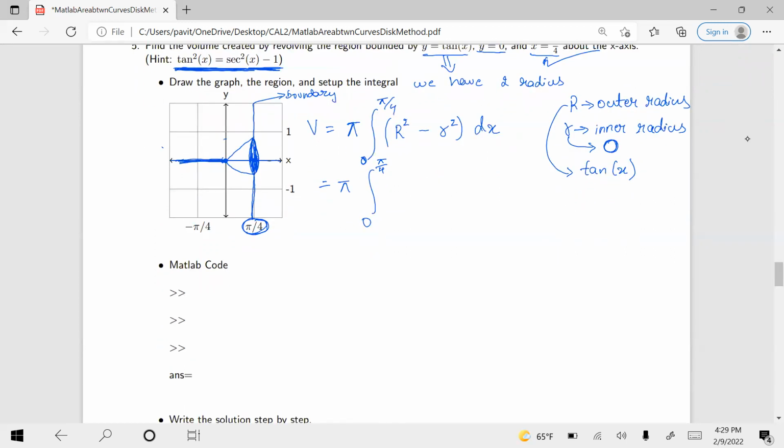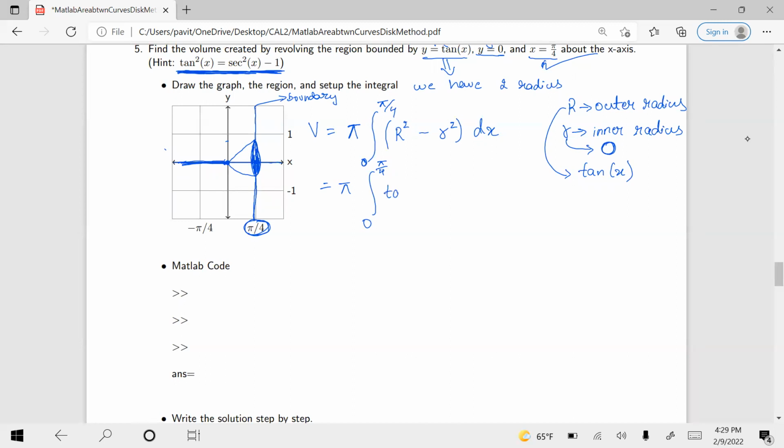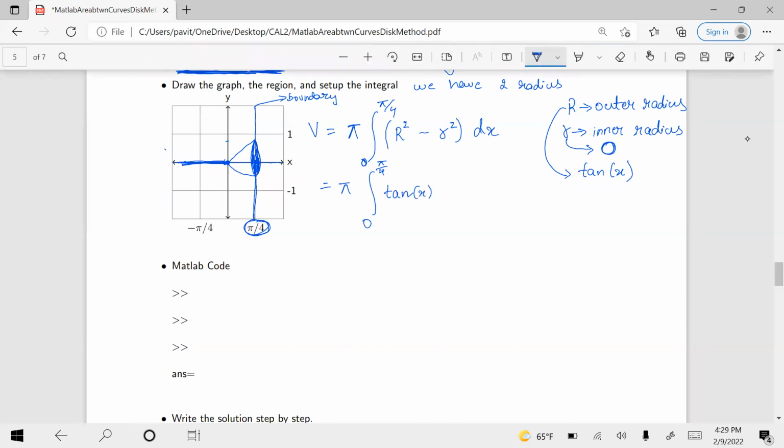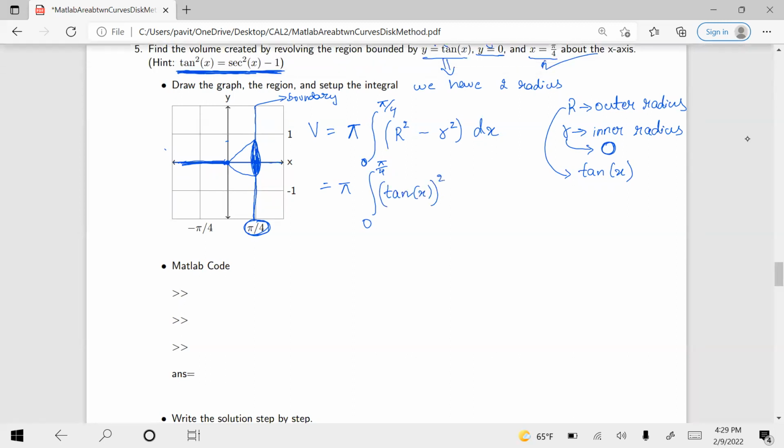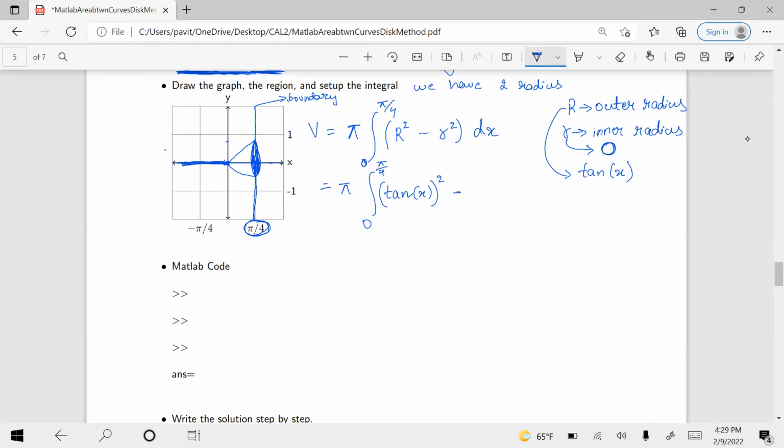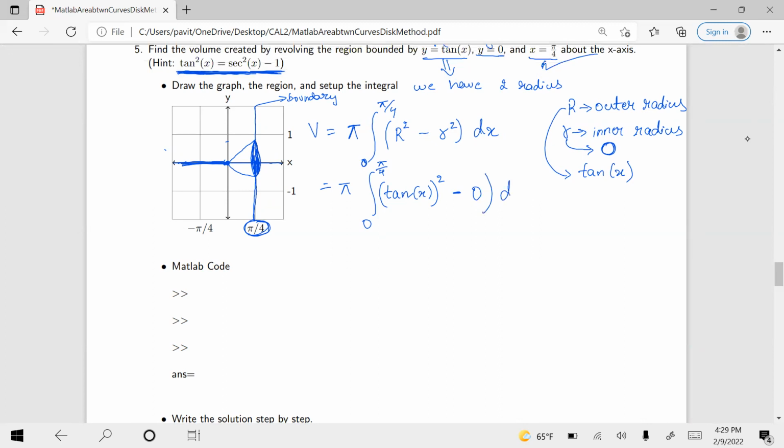Now capital R is tan x, so I will write tan x the whole square, because capital R square minus 0 square is 0, so I'll just write it as it is with dx.